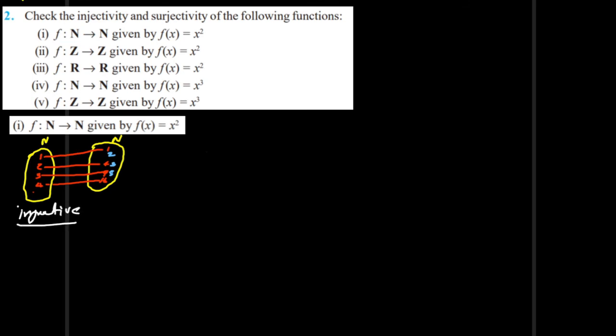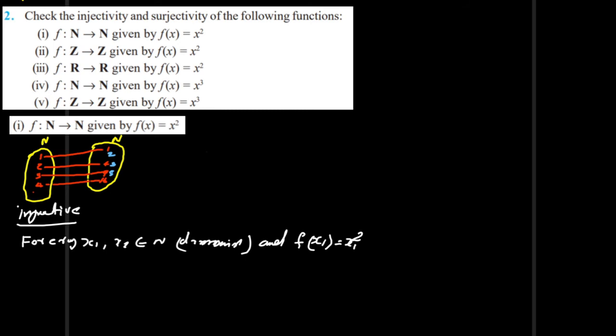So to check injective, for every x1, x2 belonging to N, which is the domain, f of x1 equals x1 square, and f of x2 equals x2 square.